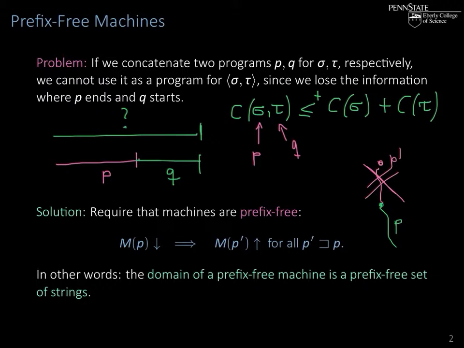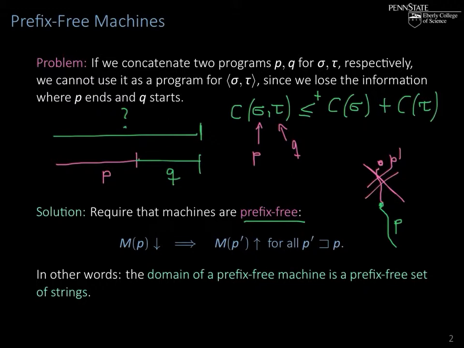Just to repeat it once more, prefix-free machines means that whenever I have a converging input, nothing that extends this converging input converges.